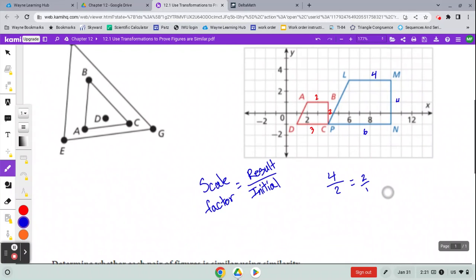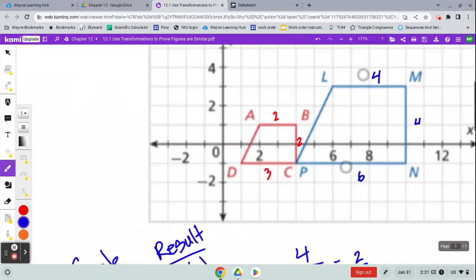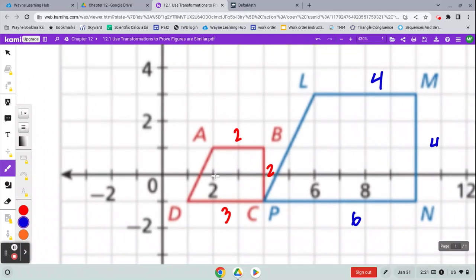We could check the other ones. You'll see on the right side, it's still 4 over 2, so 2 to 1. Now on the bottom, it's going to be 6 over 3. That still comes to 2 over 1. Now for this last side, it might be kind of hard to do, but this one is up 2 over 1.